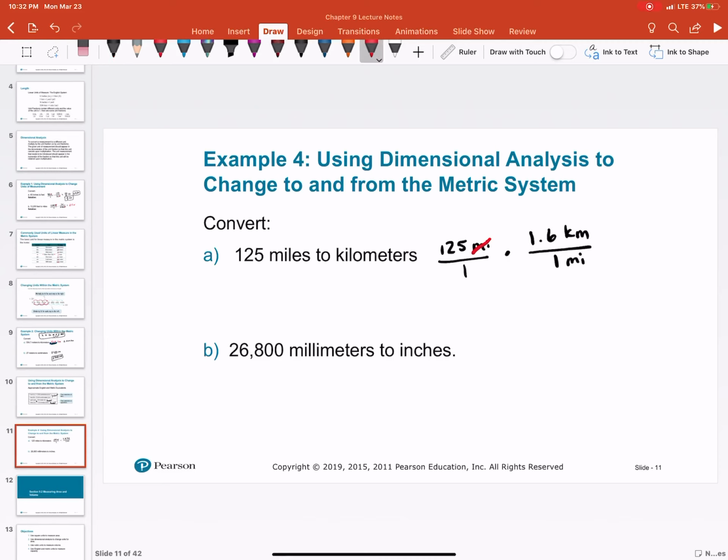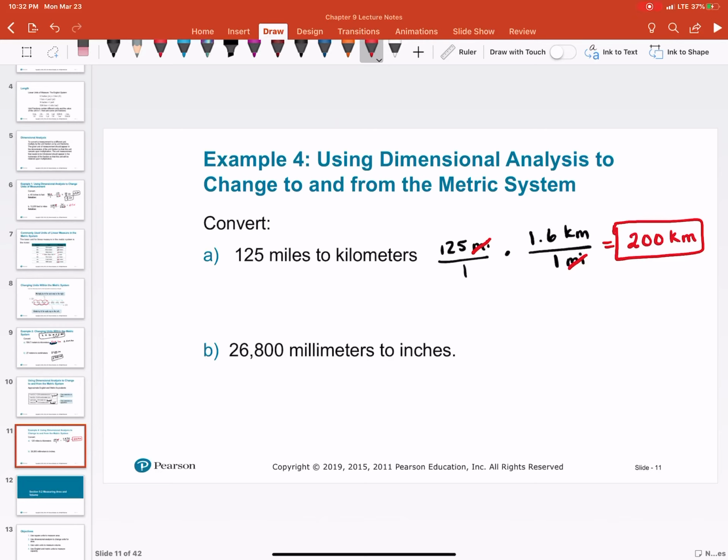Now we see that our miles do what? Cancel. So now we're in just kilometers. So when we multiply, we get 200 kilometers. I'm going to straighten this M up and make sure you can tell it's an M.